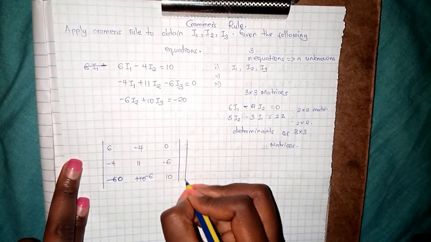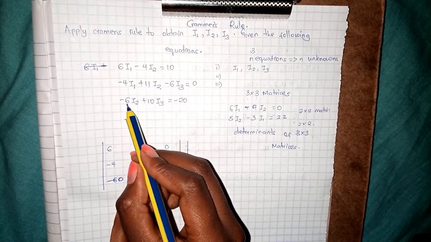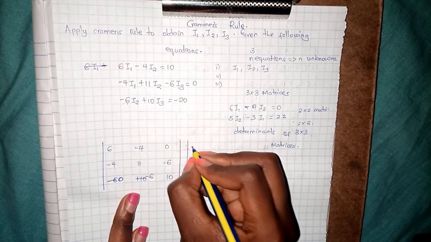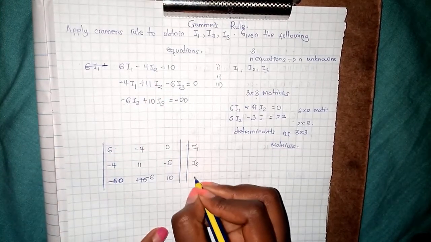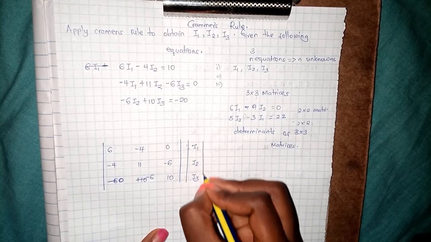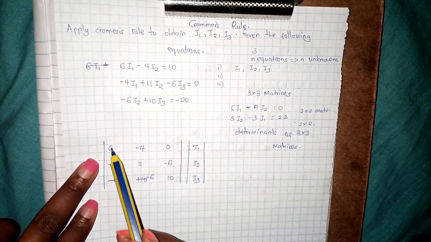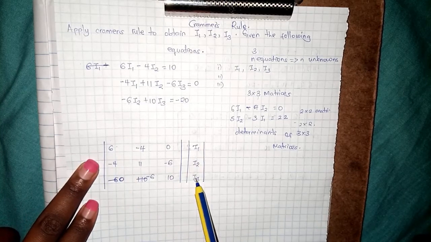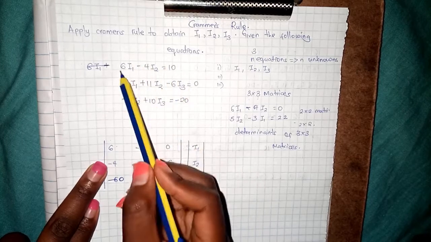Always remember, when you're multiplying, this will be I1, I2, I3. Remember, your matrix multiplication goes this way. So this by this, this by this, this by this should be equal to the first answer.